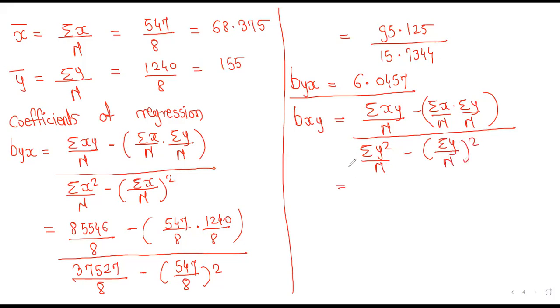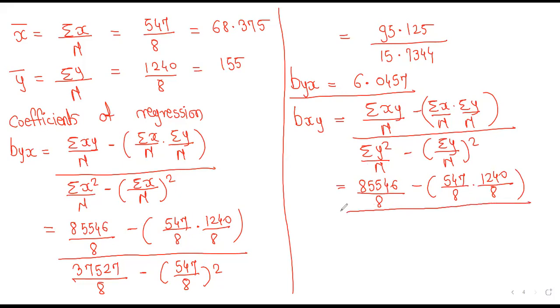Now we put all the values: 85546 divided by 8 minus 547 divided by 8 into 1247 divided by 8 and whole term divided by 197840 divided by 8 minus 1240 divided by 8 ब्रॅकेट स्क्वेअर. सिम्प्लिफाय केल्यानंतर 95.125 divided by 705.